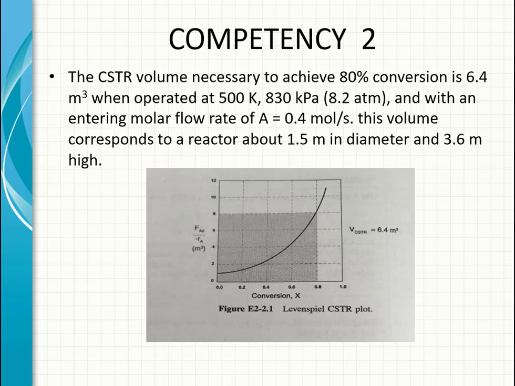So here in the Levenspiel plot, we can see that the shaded area is the total volume of the reactor, and this shaded area is the multiplication of FA0 divided by minus rA, which is in the vertical axis and is 8, and the conversion X, which is in the horizontal axis and is equal to 0.8. So 8 times 0.8 is equal to 6.4 cubic meters.